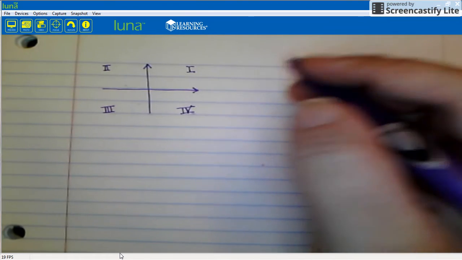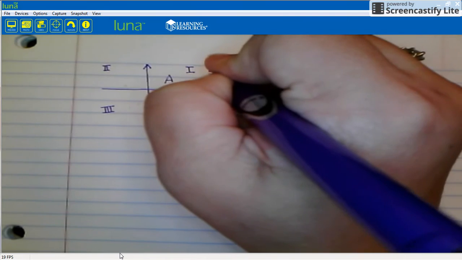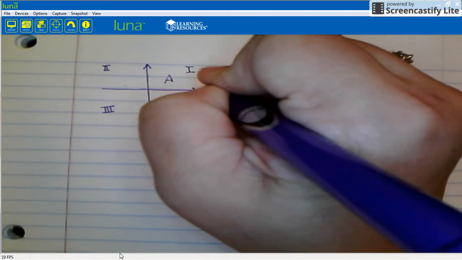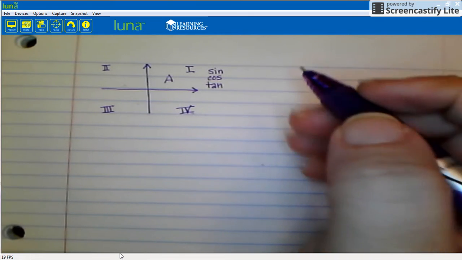All of my trig functions are positive. Sine, cosine, and tangent are all positive in the first quadrant.